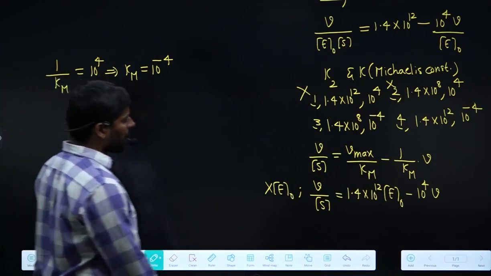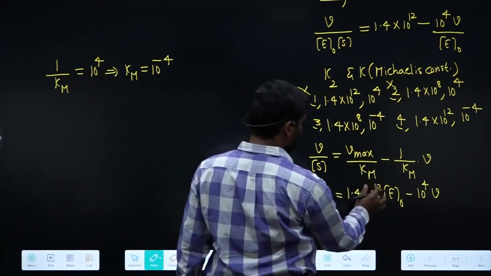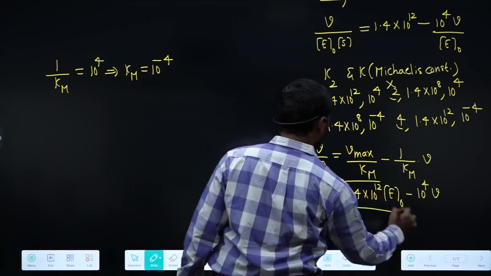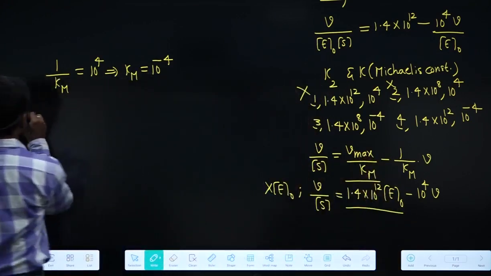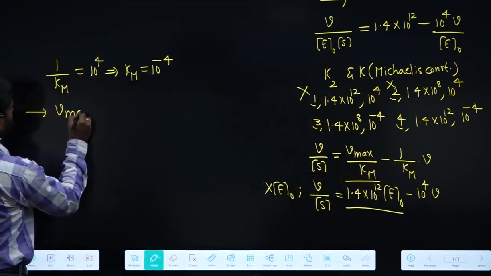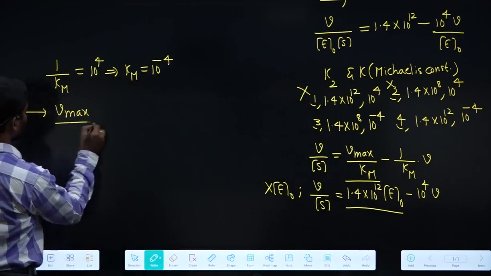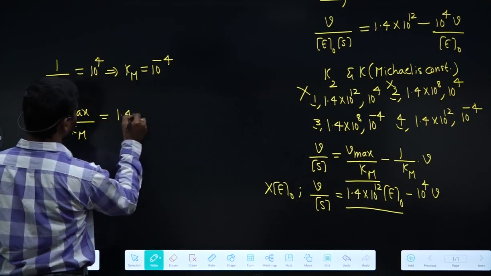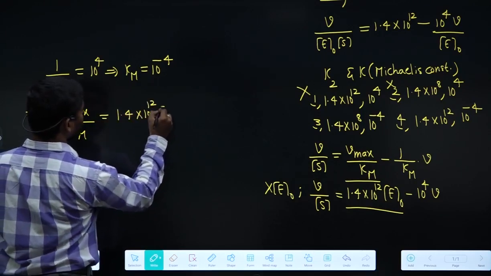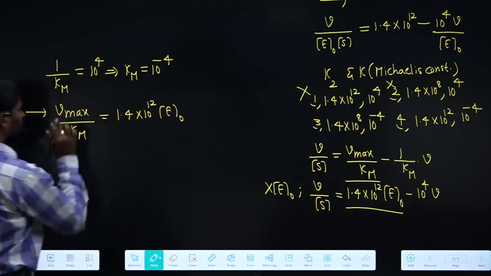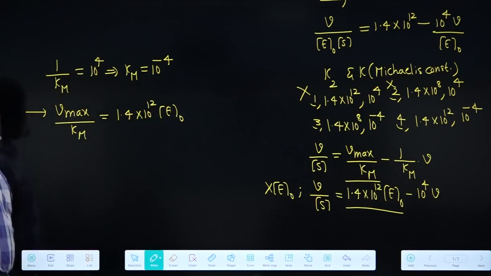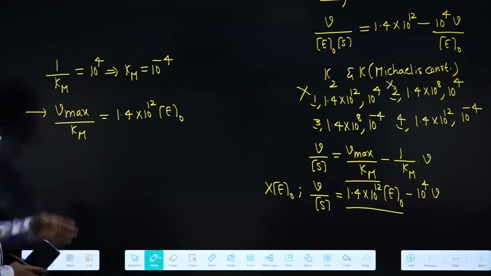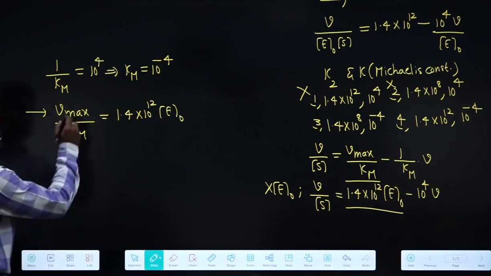Next, if you compare the intercept, in the place of Vmax by Km, what do we have? 1.4 into 10 power 12 into E naught. But Vmax we can write as K2 into E naught, and K2 we want to calculate.